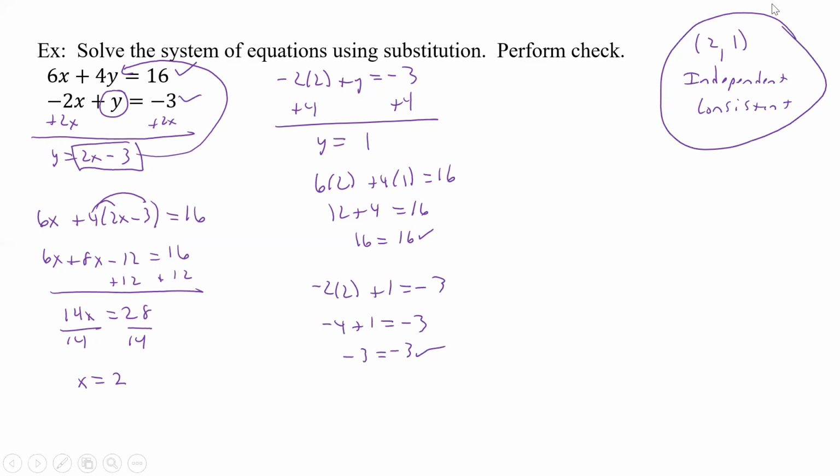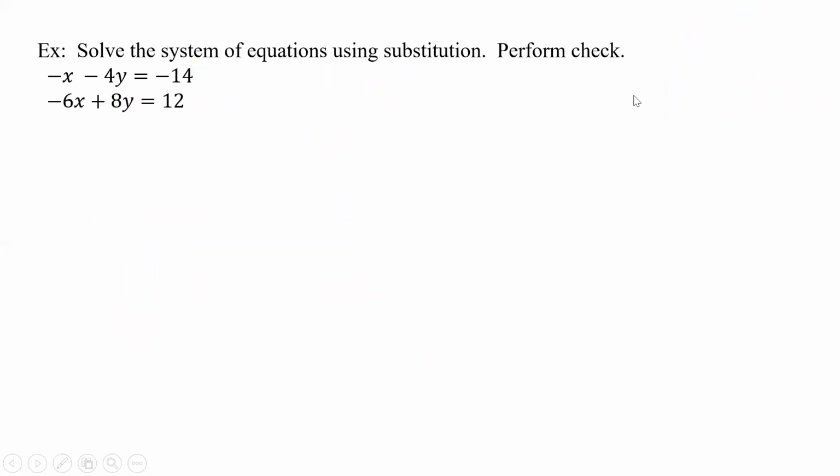Okay. All right, what about this one? Here we could do several things, but I think probably the easiest is to solve for x here. So what I'm going to do is take x to this side and 14 to that side. So I'm going to add x, add x.